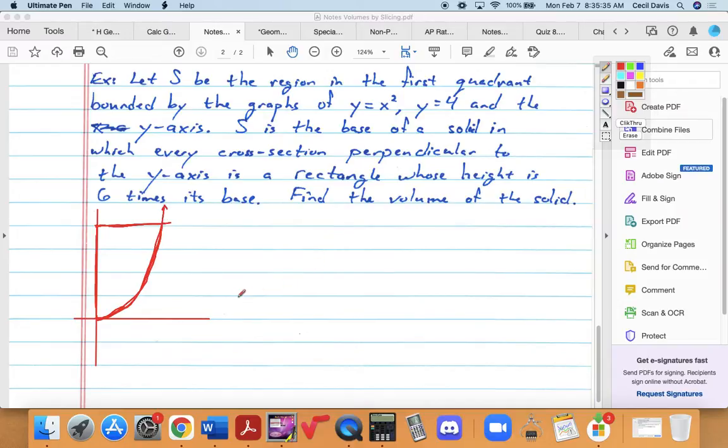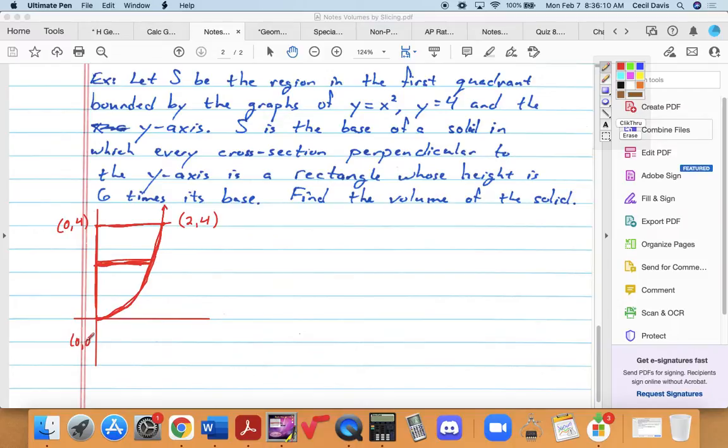This time, though, we want our cross sections to be perpendicular to the y-axis. So instead of wanting things to be in terms of x, we want things to be in terms of y. So let's find where these two intersect. The coordinates of this are going to be, that's pretty easy, 2, 4. This point is 0, 4.